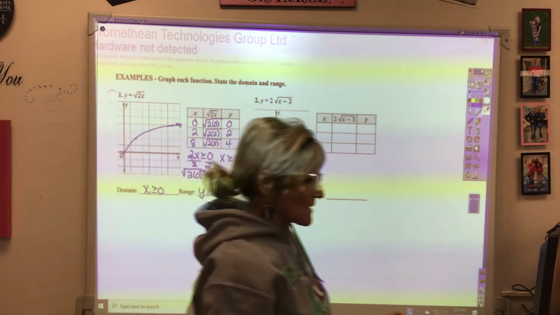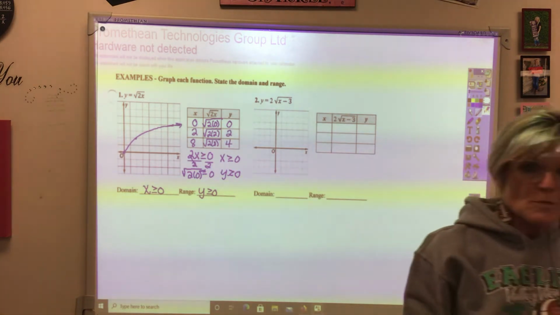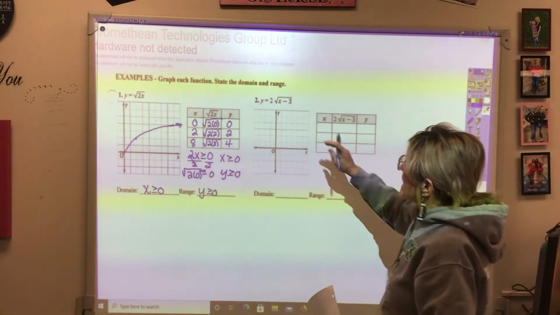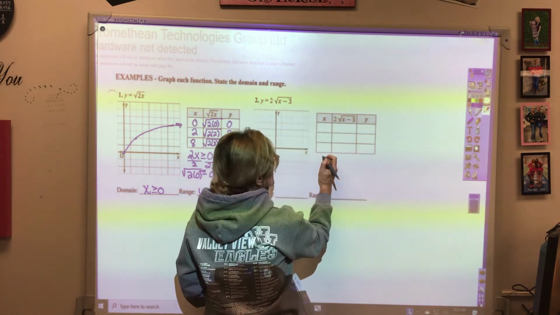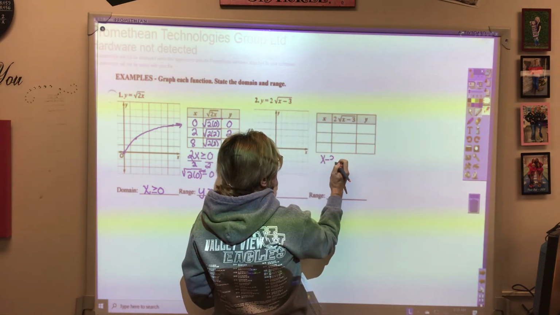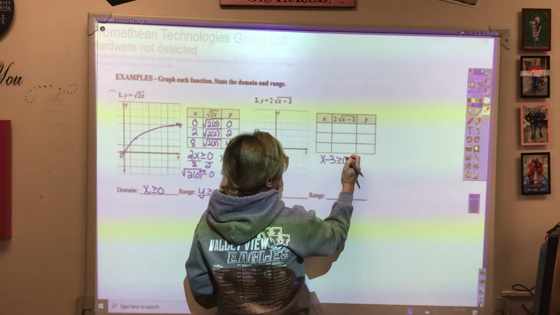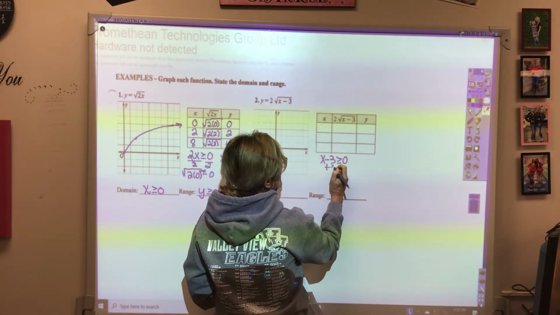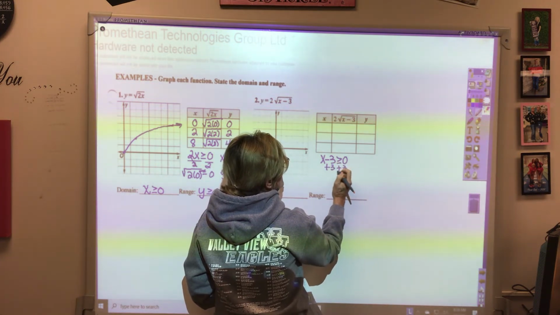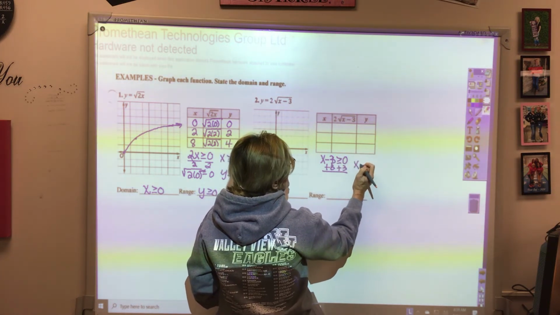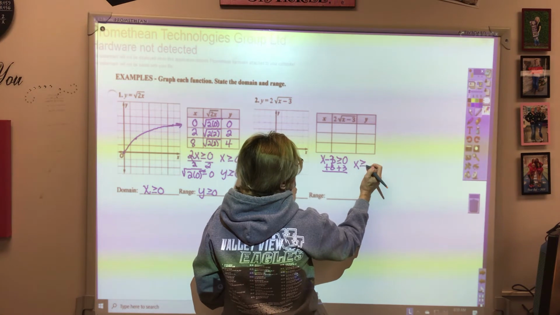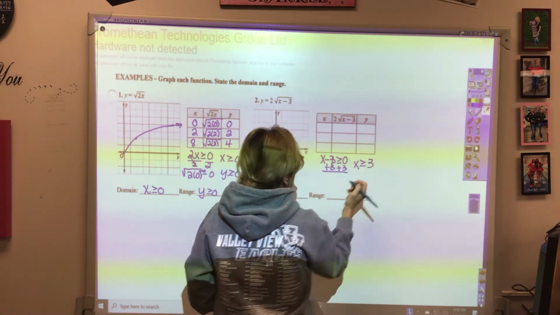Okay, for the second one, we're just going to take what's under the radicand to find the domain. So that's x minus 3. We set that greater than or equal to 0, and we solve it for x. So we can see that x is greater than or equal to 3.